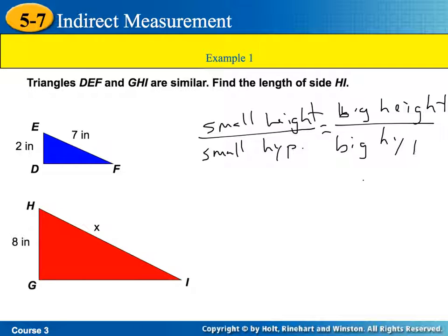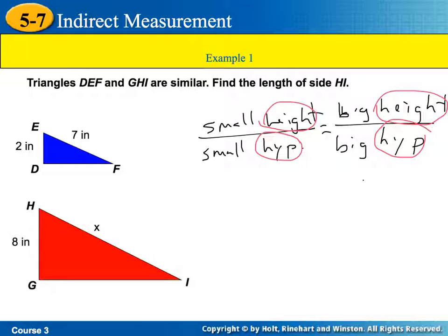What that allows me to do, notice, is have the same ratio of height over hypotenuse on each side. You may see another proportion that will work, and there are several proportions you can come up with. This is just an example of one and how you would set it up.